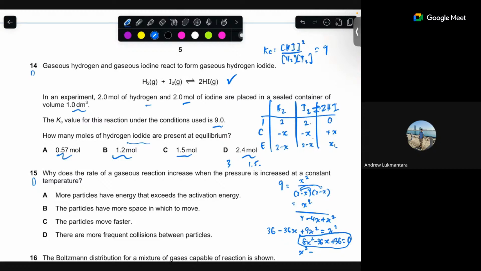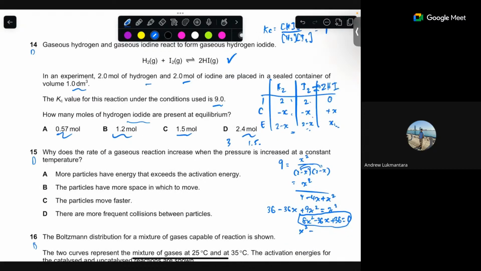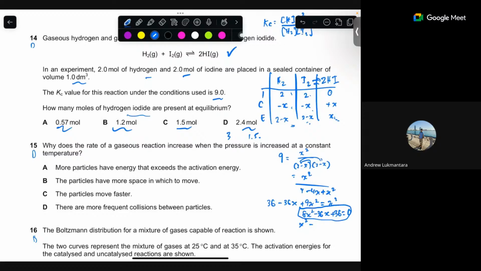X, 2 minus X, 2 minus X. This value will be the same. This is X. 4, 2X, 2X plus X times 36, 4, 36. Then 9X plus X squared.